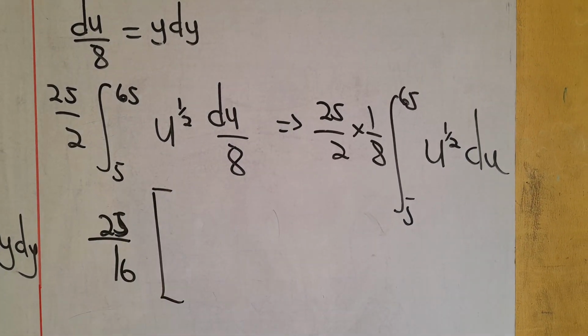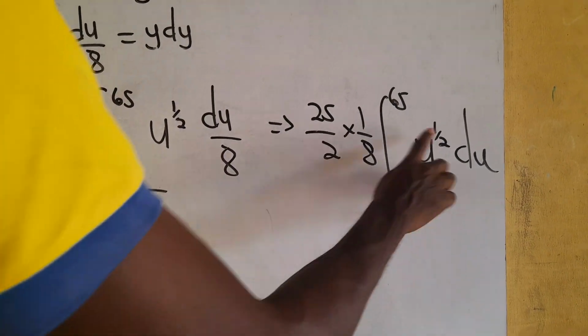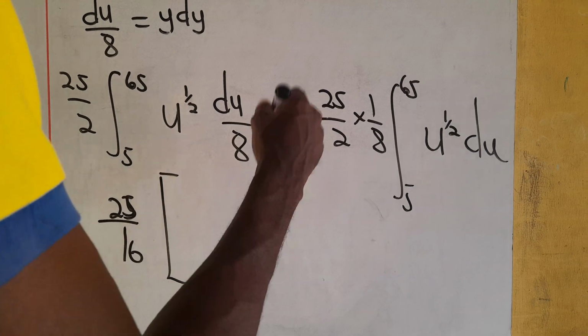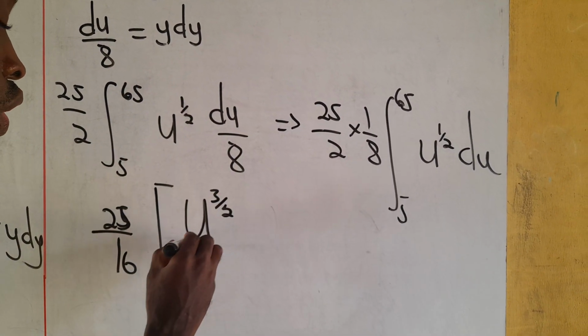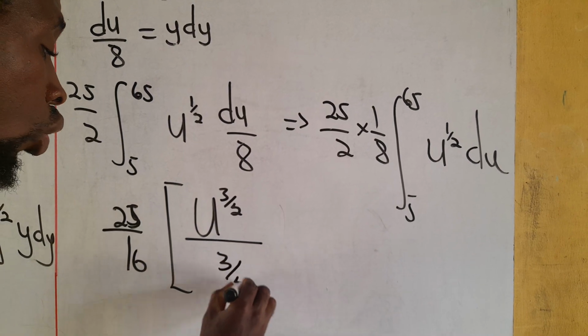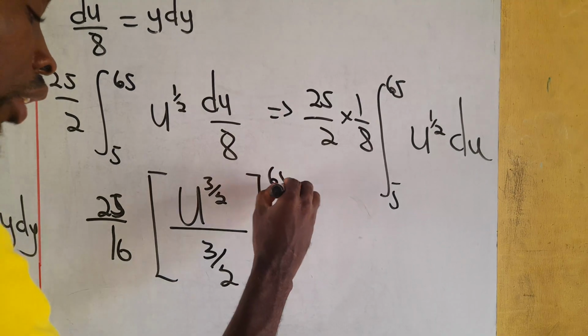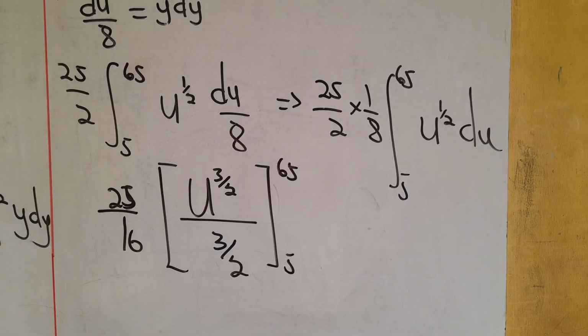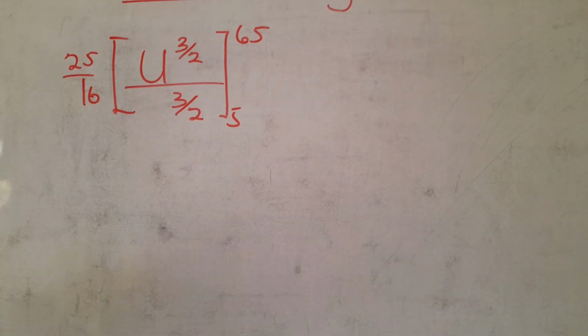How do I integrate this? I'll add 1 to the exponent and divide the function by the result. Half plus 1 will give me 3 over 2. So we have u exponent 3 over 2 all over 3 over 2, from 5 to 65. Since this is divided, we can reciprocate for it to multiply.